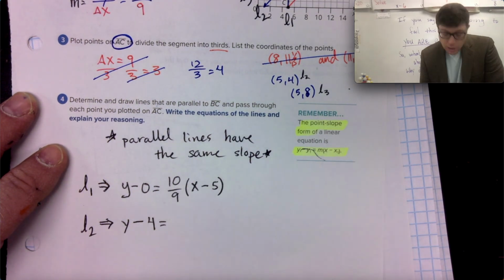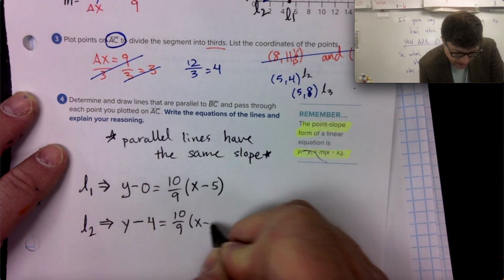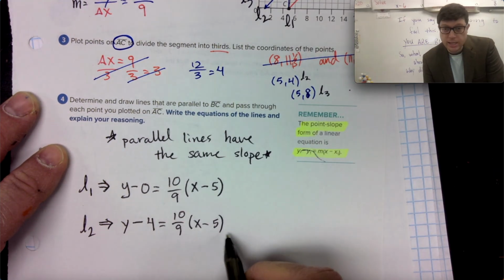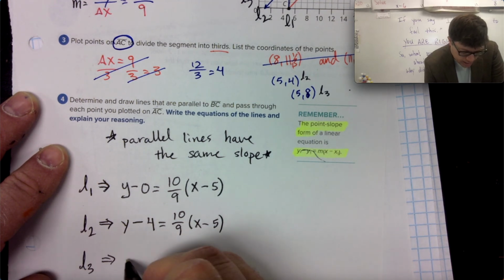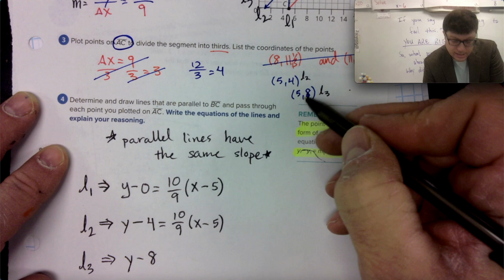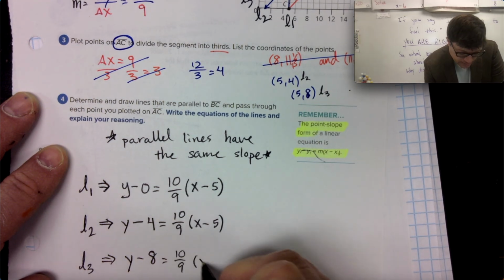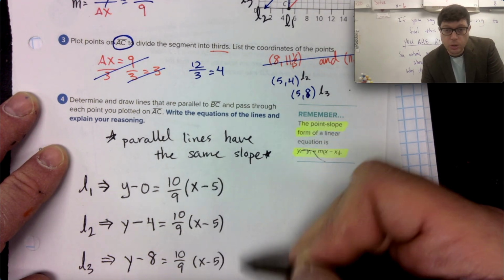It has the same slope. So they all have a slope of 10/9, and then they have x minus 5 as their final answer, like x minus the x coordinate. Therefore, line 3, the last coordinate is y minus 8, because that's the y coordinate, equals 10/9 times x minus 5. All of this is just because we drew a vertical line.